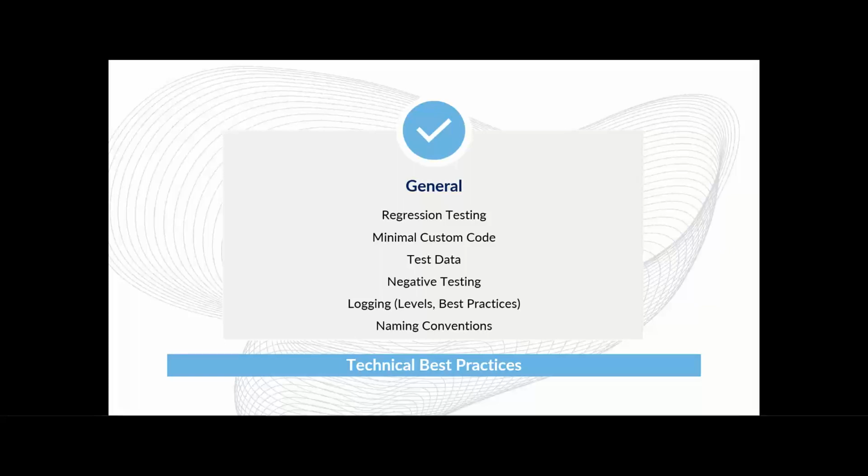So you want to make sure that whatever testing you do, you're testing the positive path and the negative path, right? Especially, this goes along with the regression testing as well, to ensure that you have a clear understanding of what the system does in both good and bad circumstances, right?